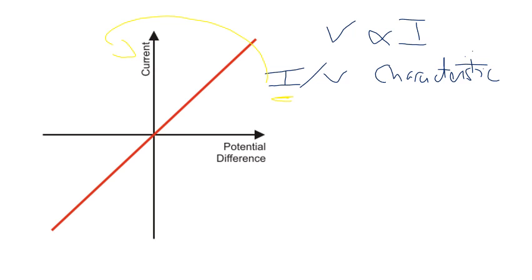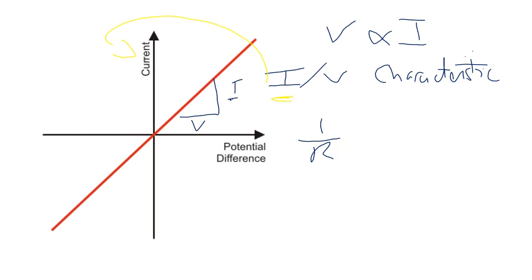And the reason I asked you to draw it what is effectively the wrong way around is that then when you do the gradient, you're doing V divided by I, the potential difference divided by the current, which gives you the resistance. Whereas when you do the gradient this time, you've got the current, which is your rise, divided by the potential difference, which is your run. And so the gradient of this graph will be 1 over R.